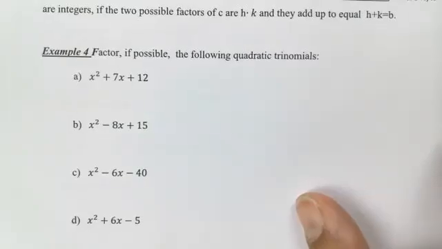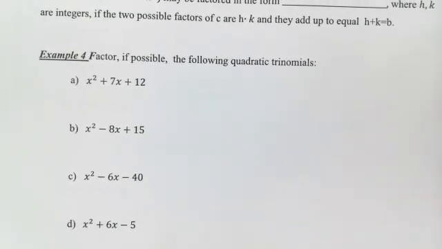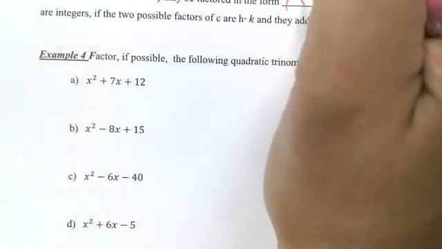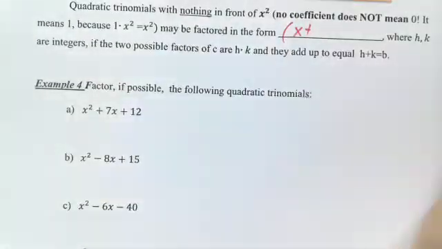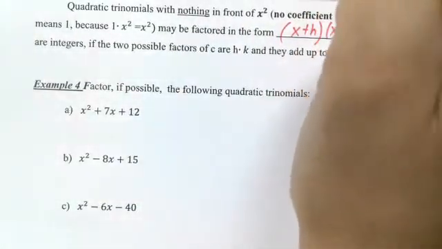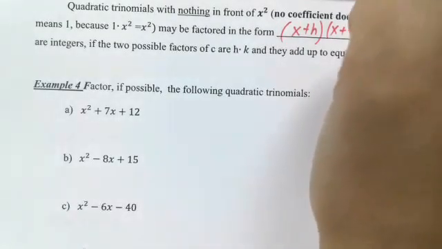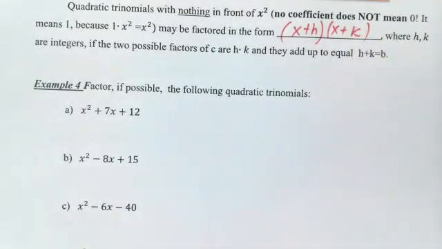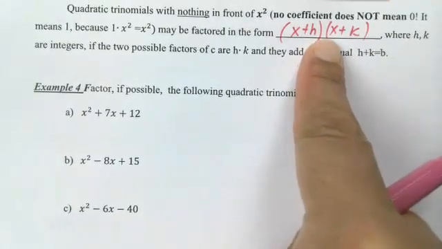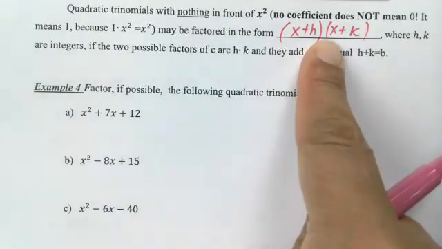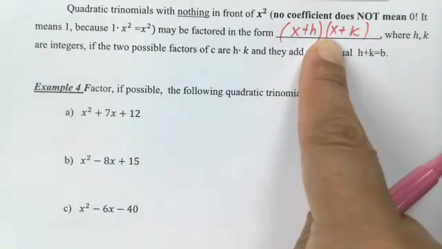In those situations, we may factor it in the form x plus h, x plus k, like that, where h and k are the factors of the free term. So if you find 2 factors of the free term that add up to the middle term, you can go straight here. You don't have to go through the long method. You still can if you want, but why would you? Because you can skip steps with this method.